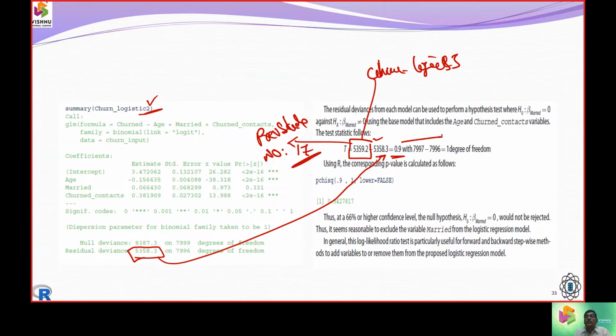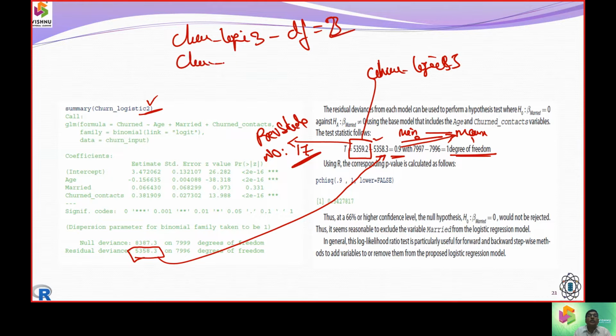What is it telling? The minimum is 0, the maximum is 1. Now it is towards the higher end, and then the degree of freedom difference. In churn logistic 3, degree of freedom is equal to 2.